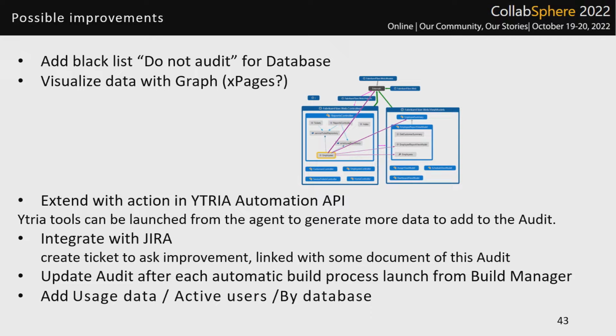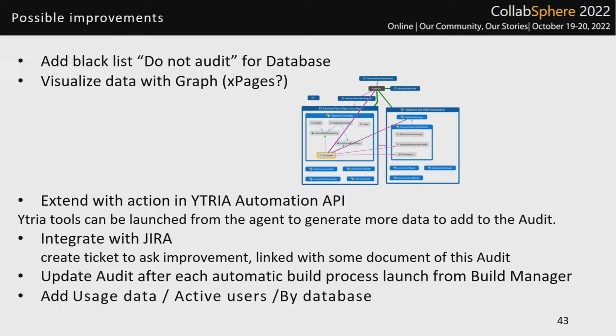So the workflow would be: identify a problem, disable the automatic audit for the database, and check some doc links that you insert in a ticket document in order to send the work to your support team. We are able to update the audit after each automatic build process launched from Build Manager.